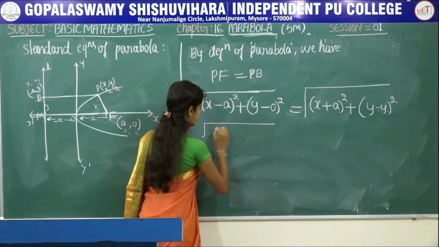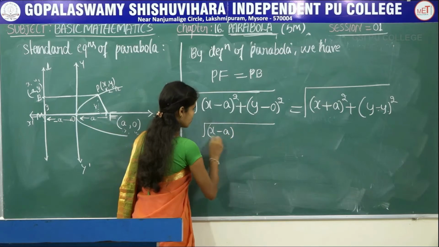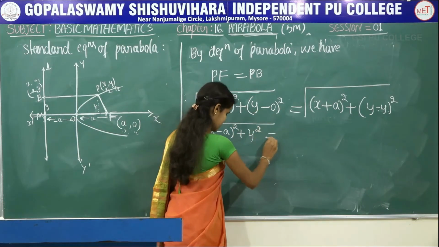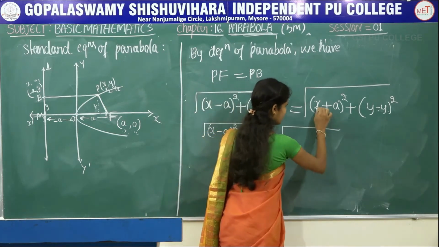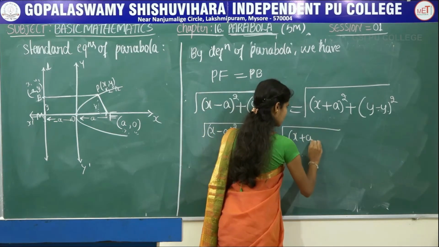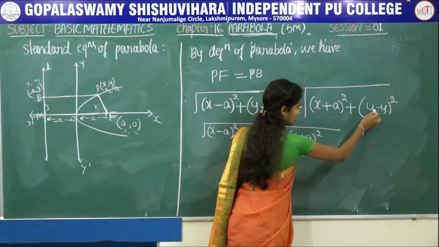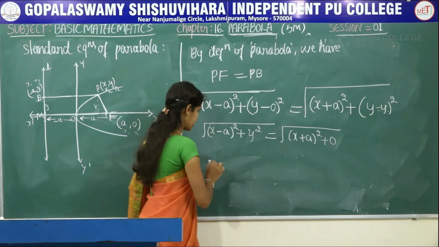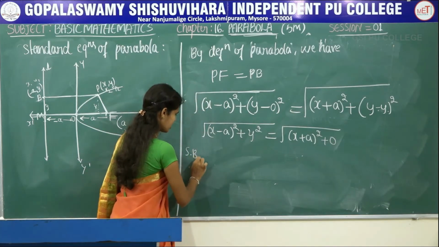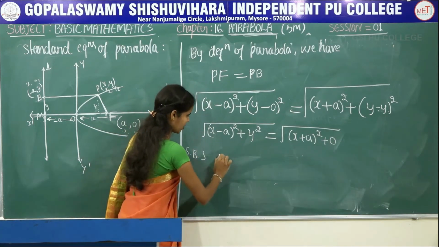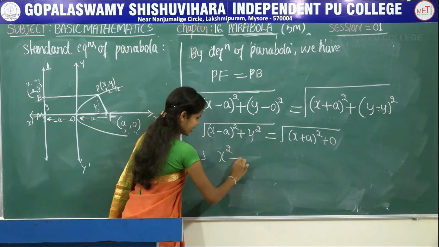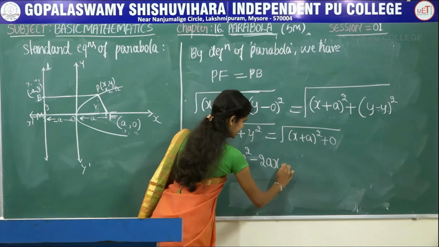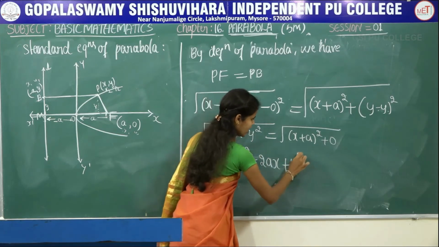Next, simplify. PF is the square root of x minus a whole square plus y square. PB is the square root of x plus a whole square, plus y minus y which is 0. Next, square on both sides. The square roots get cancelled. Now expand x minus a whole square: x square plus a square minus 2ax, plus y square.